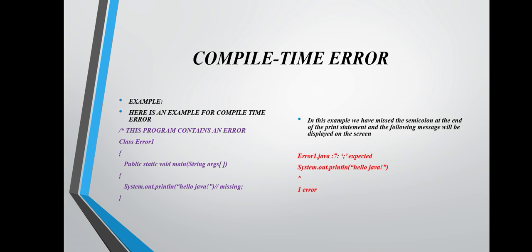As we see on the screen, Error1.java 7 means the program that was executed, and 7 is the line where the semicolon is missed. System.out.println Hello Java resembles that there is an error on that line.